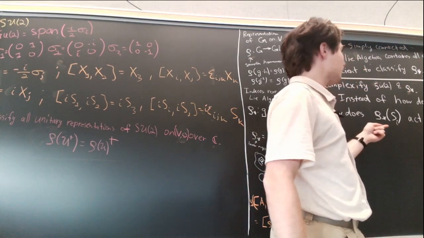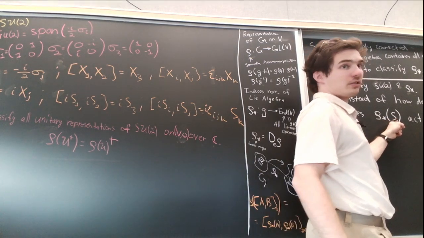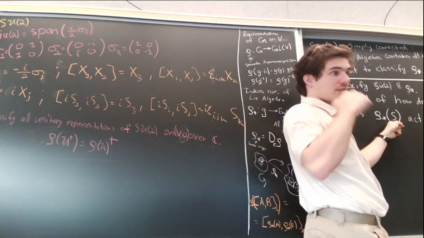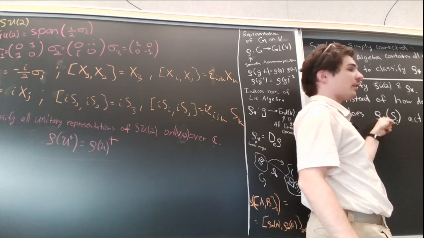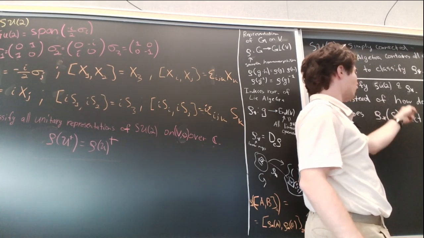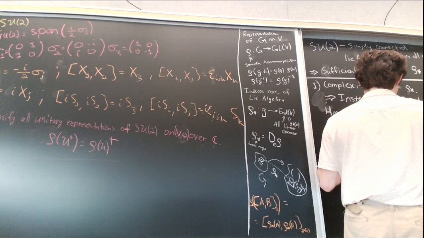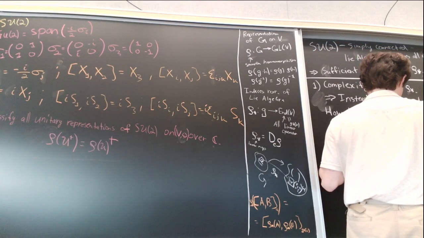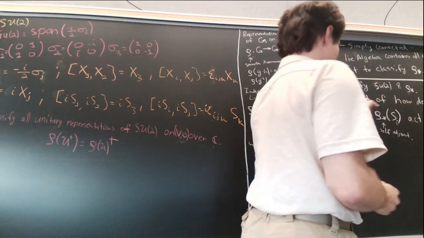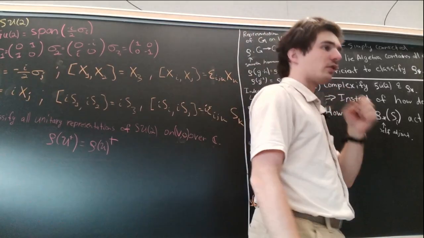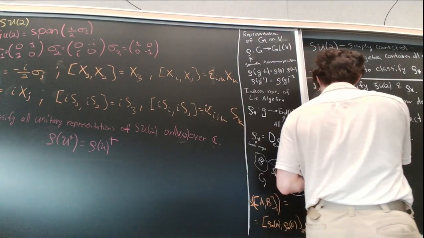I'm going to try and classify how these act on the vector space. Now remember, Si was what kind of matrix? Self-adjoint. And because this is a unitary representation, this will also be a self-adjoint matrix. This whole matrix is self-adjoint, so it has a spectral theorem. Do you agree? So this is how we're going to start.